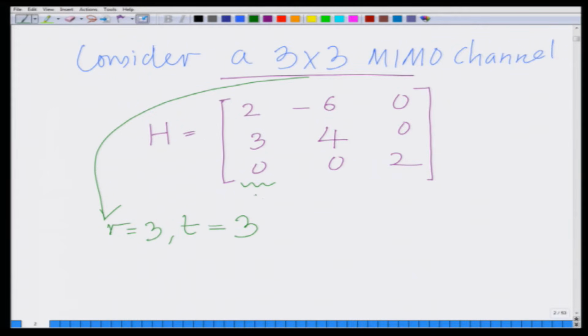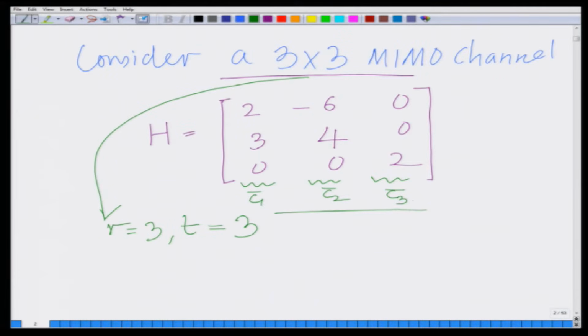Now, let us denote these columns by C1 bar, C2 bar, C3 bar. Now, you can see that in this 3 cross 3 MIMO channel matrix, which has 3 columns C1 bar, C2 bar, C3 bar, these 3 columns are orthogonal.